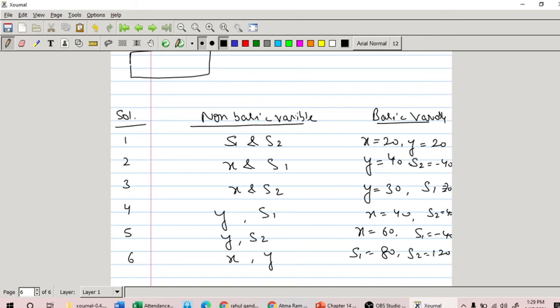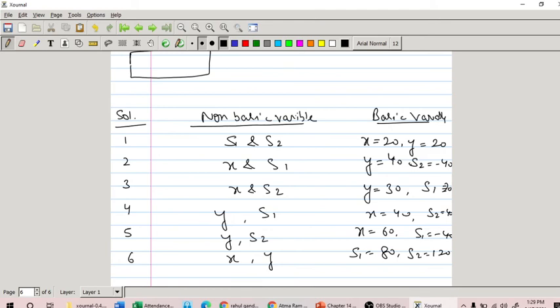So, we are going to do the same thing for all those variables. We try to put two variables as 0, these will be your non basic variables, and by putting these two variables as 0 you get the values of the other variables, these will be your basic variables.